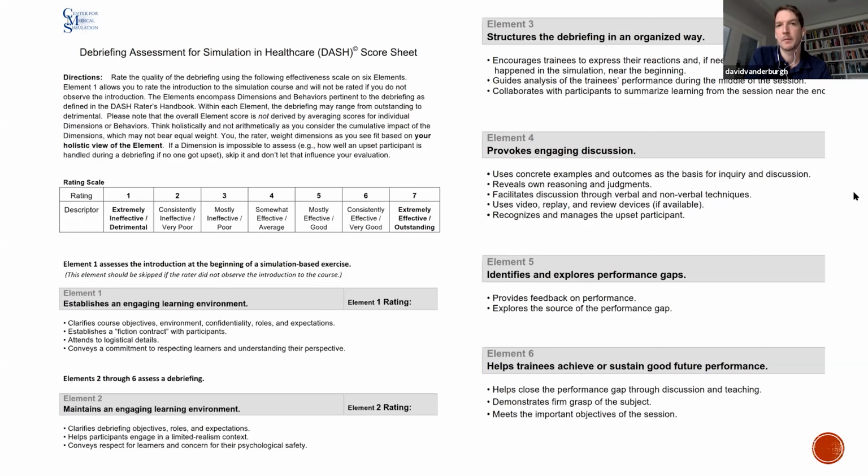Mallory, do you want to talk a little bit more about how that's being used at the Waterloo campus? Yeah, so pre-COVID, when we were running scenarios with our undergrads, we tried to have two facilitators if possible, which I think just adds to the whole scenario.